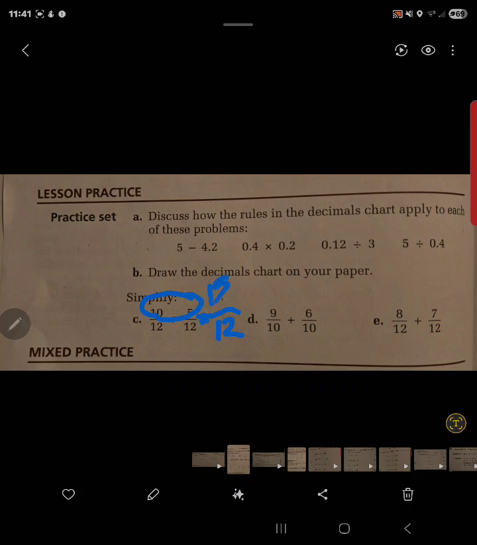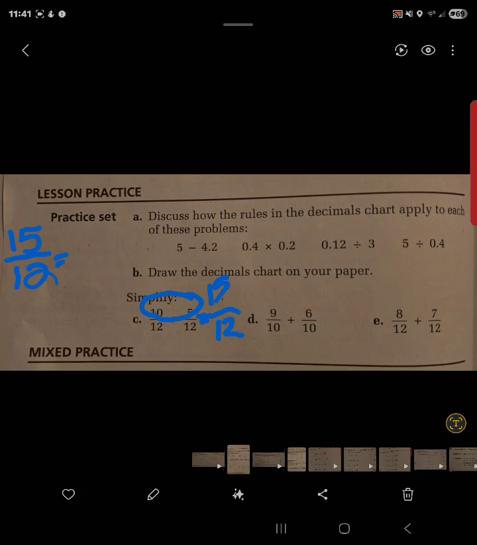You guys know that 15/12 is what's called an improper fraction, right? So we need to reduce that fraction into a mixed number in order to simplify it. Now, I'm going to encourage you to go ahead and simplify these improper fractions first before we make them a mixed number.